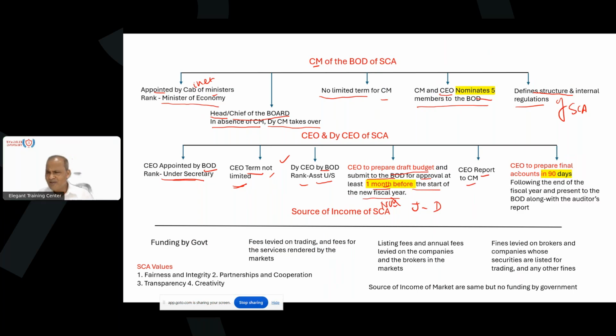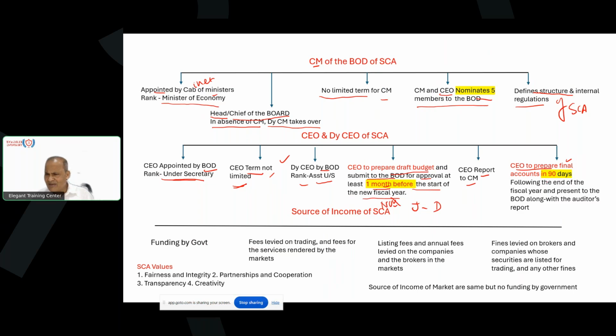Then CEO reporting to the chairman. Clear? CEO also to prepare final accounts. One is budget and one is final accounts. Accounts means historical account. Budget means future, next year. Right? So CEO has two jobs, budget preparation and also final accounts preparation. Clear?